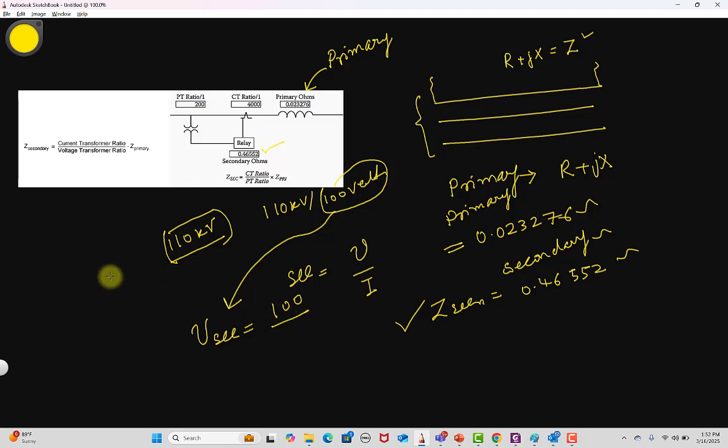And for example, the current at the primary side is 1000 amperes, and we have a CT ratio of 2000 by 1.